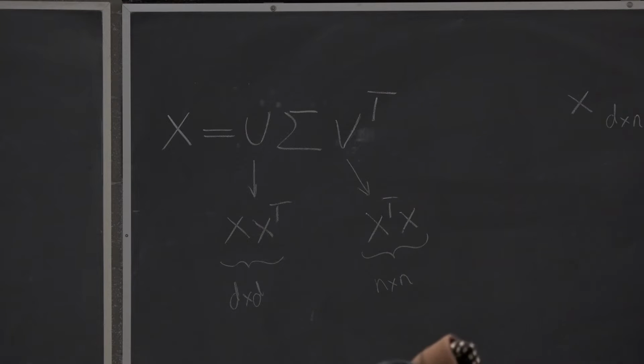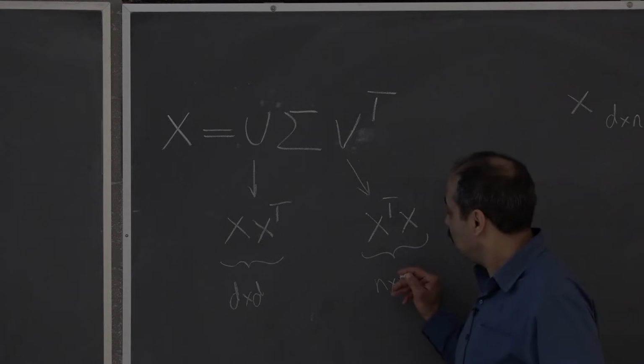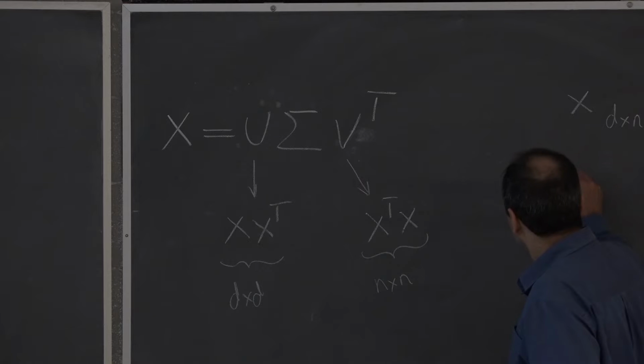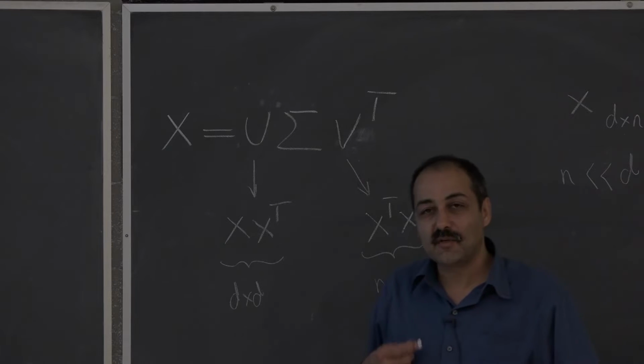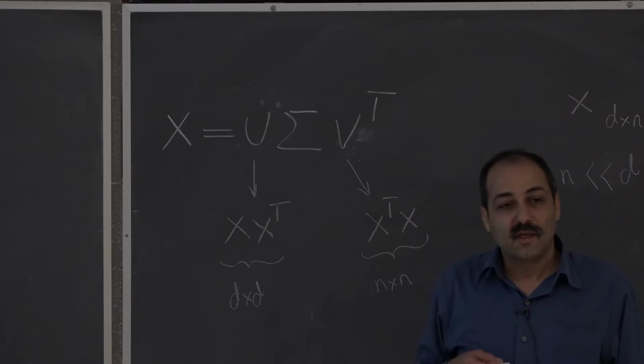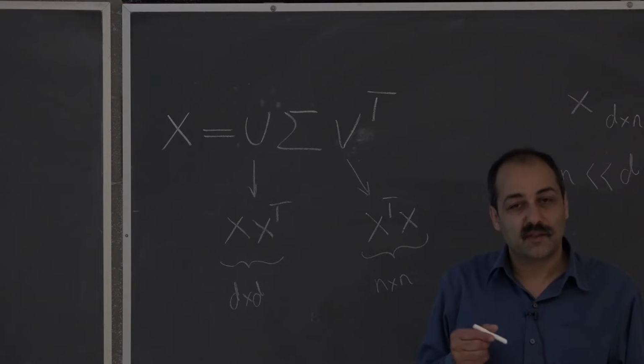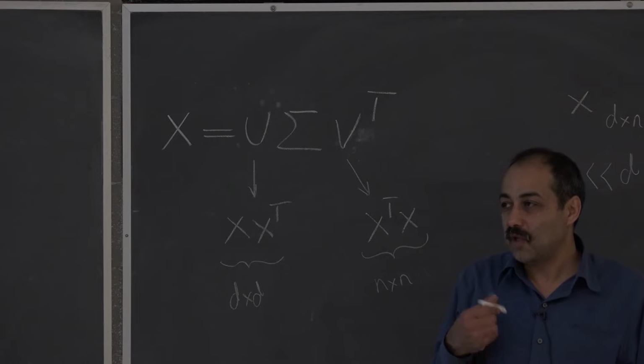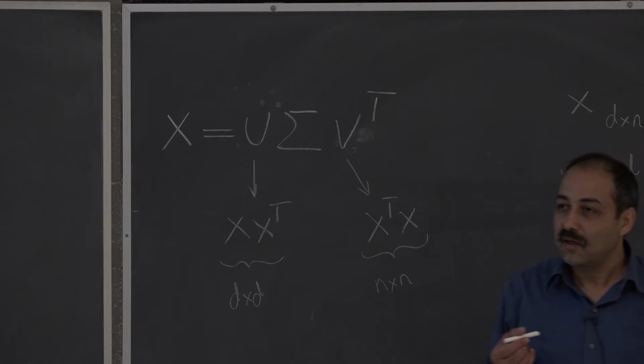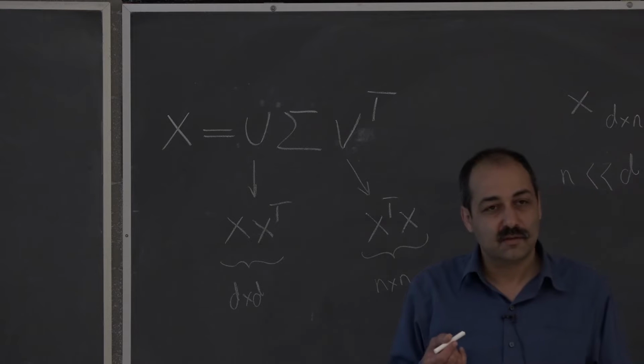But you can imagine a case that N is smaller than D. The number of data points is less than the number of dimensions. Recently, the type of data that we have are quite high dimensional.